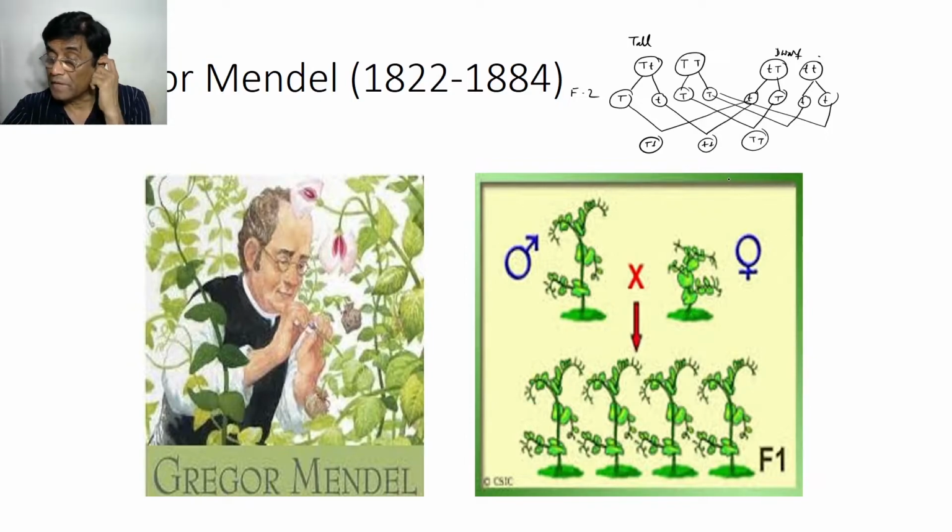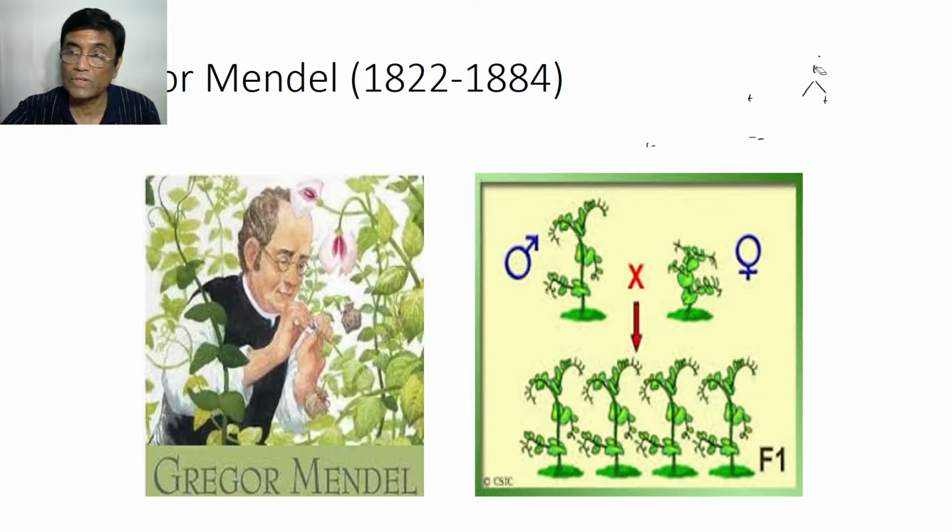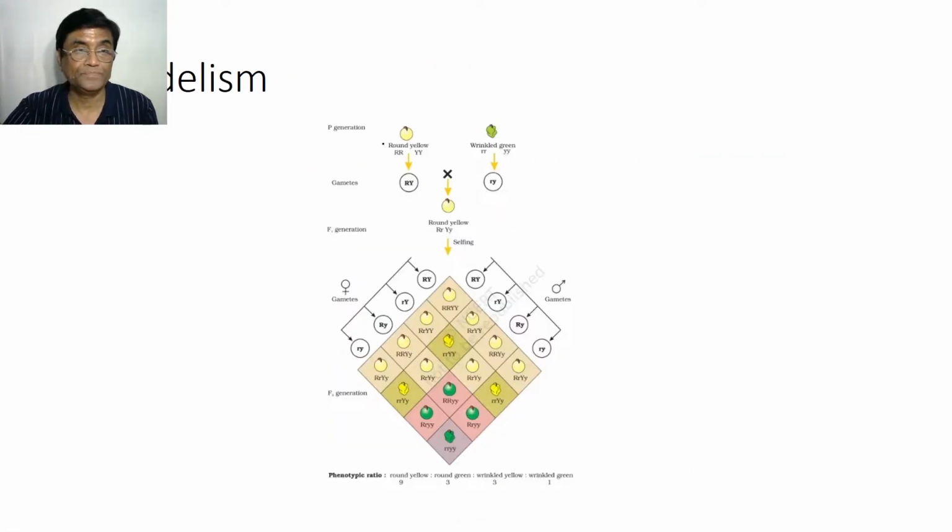That many dominant characters will be expressed in the second generation, and that many recessive characters will be expressed in the second generation. So he quantified it with his experiment, and this is a simple experiment, but a little bit more complicated experiment, which he also did and quantified his theory, is explained here.